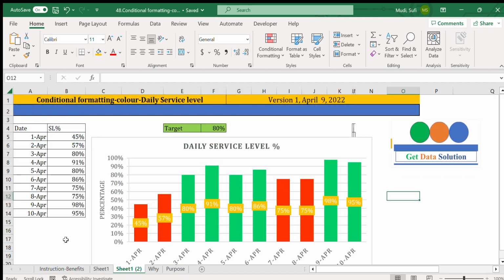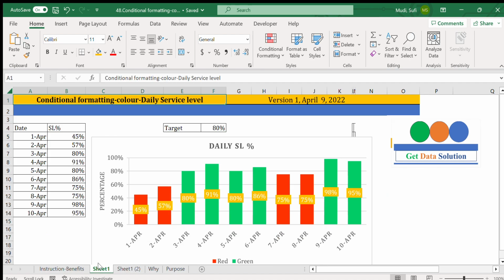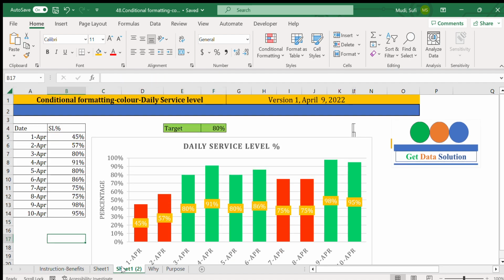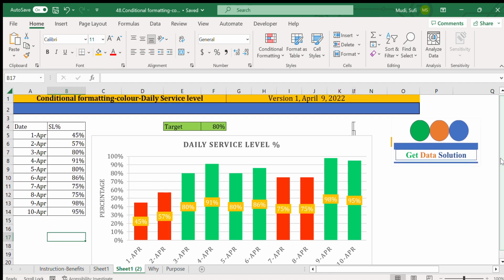Let's see also again where we have changed our service level here, 80. In this particular case, in chart 2, it's already 80 here again. The target, if I make it, for example, 75, at the moment when it is on 80, we have 6. If I make it 75 again, can you see it?